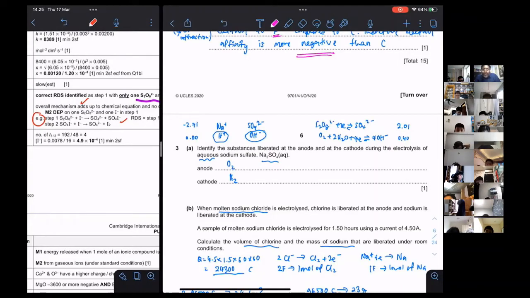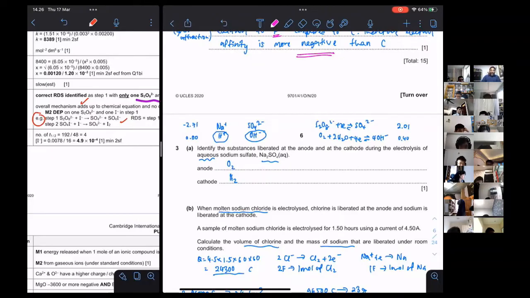But do remember, because of your new syllabus, they are not going to give you all the data. I do not know whether they are going to give you all the information or not. I'm not sure, because I have never seen that paper yet. But if you use the data booklet, you can find out which ion will be selected.